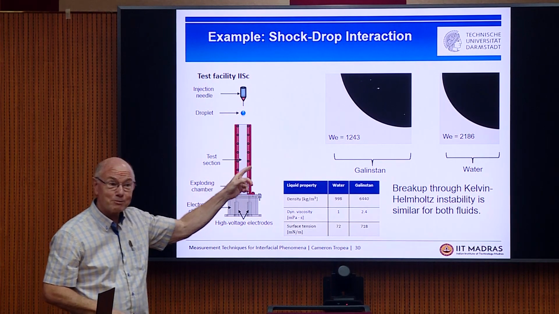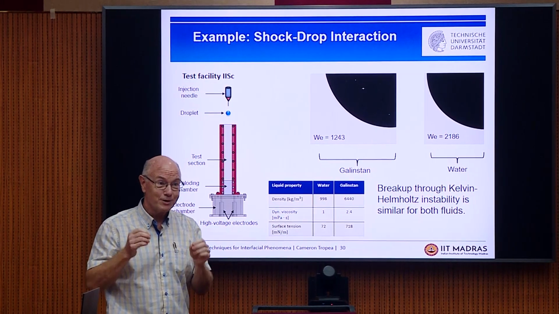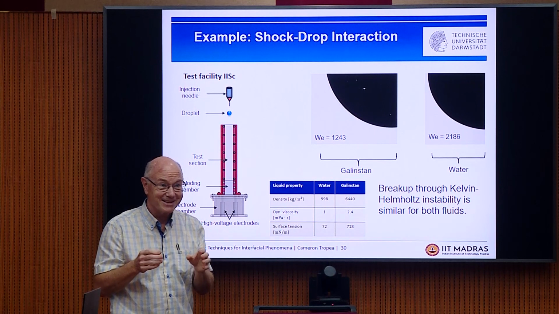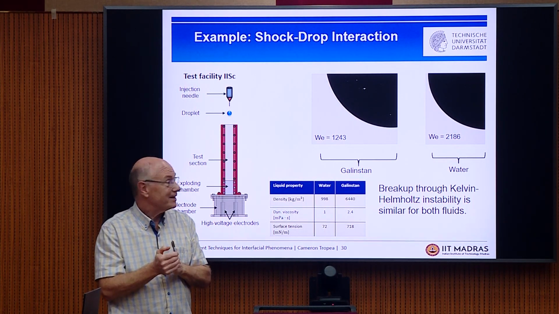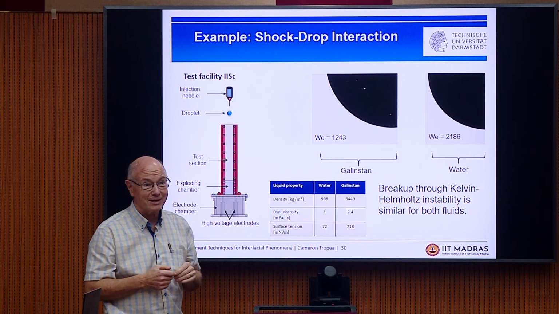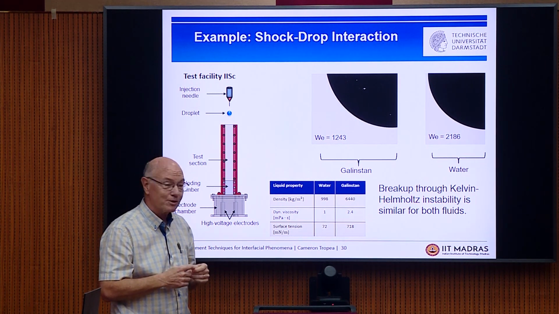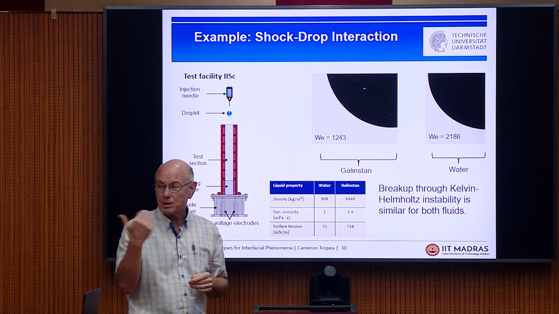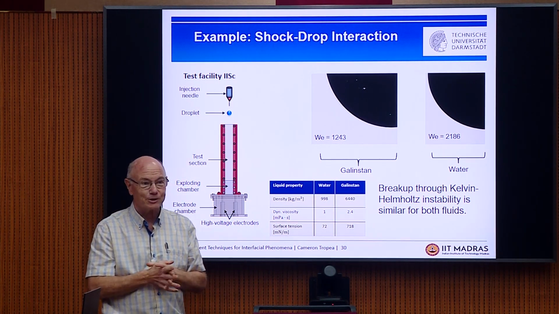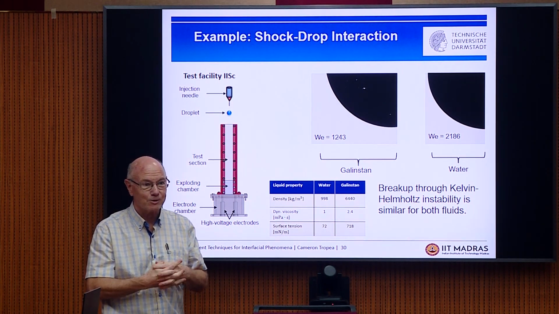And we managed to capture these very first few microseconds. That's how we did it. And the illumination, I think we used a Cavilux laser or something, I don't know. You'll hear about the long-distance microscope in the next lecture.